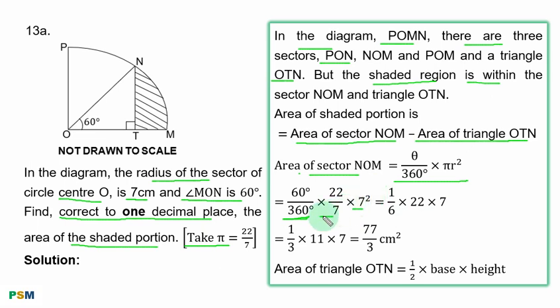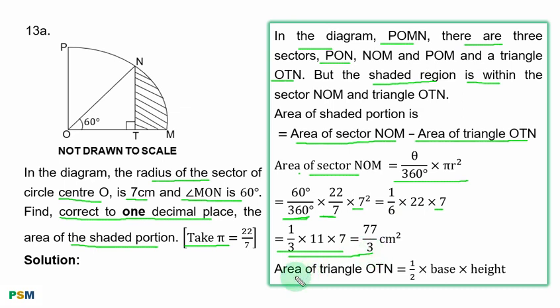Divide by this 7, you are left with 7. When you reduce further, you have this result. You divide 22 and 6 by 2, the common factor, you have this result. When you multiply, you have 77/3 square centimeters as the area of sector NOM.